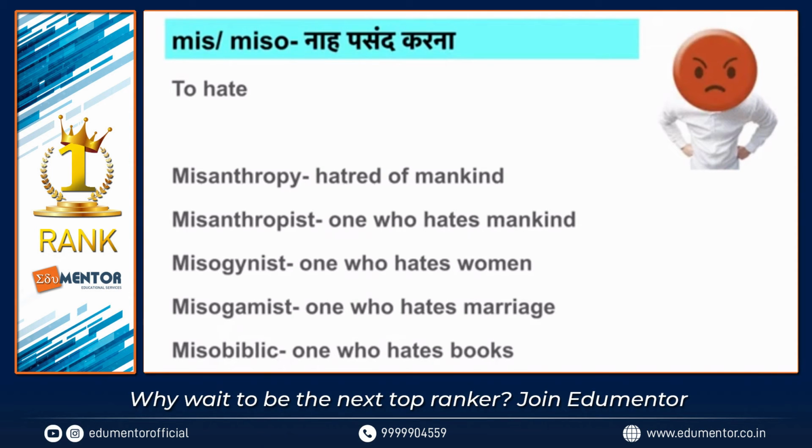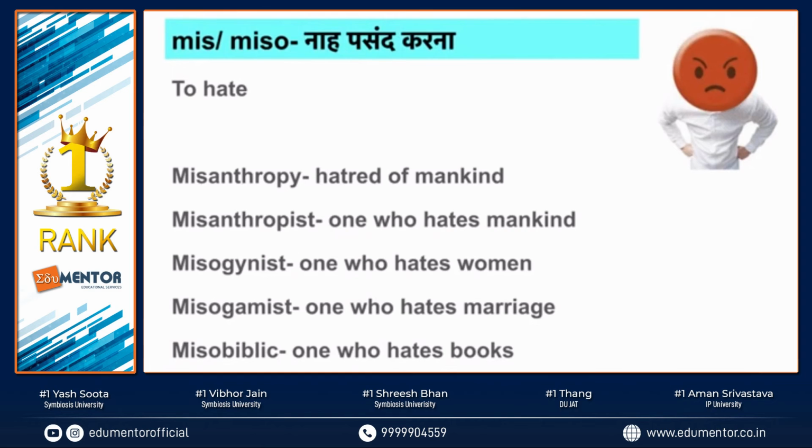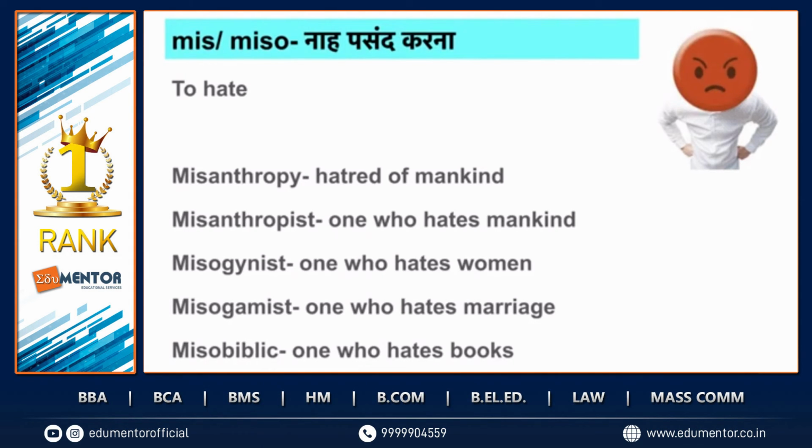There's a very famous writer, I'm sure you must have read Gulliver's Travels. We used to have a chapter also when we were very young. That's written by Jonathan Swift. He was a misanthropist. He would not like mankind at all, right? So misanthropy is hatred of mankind, and a misanthropist is a person who hates mankind.